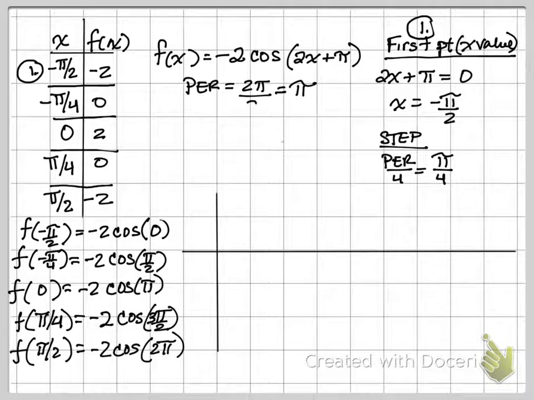Now, going to the graph, there's a little bit of thought going into how I'm doing my scale. So here, I see that I'm going from negative pi over 2 to negative pi over 4 to 0. So actually, I'm going to adjust this from the way I've drawn it. I'm going to take that y-axis and move it so I can do this.